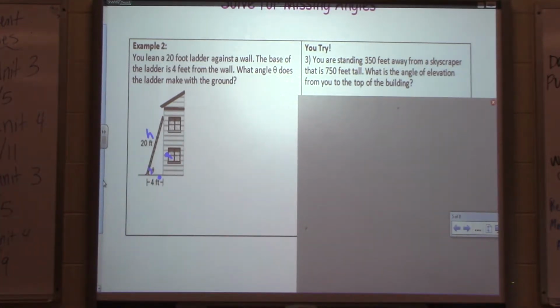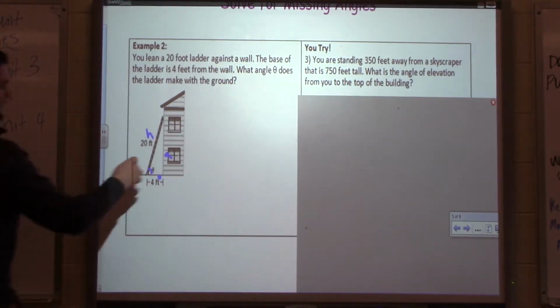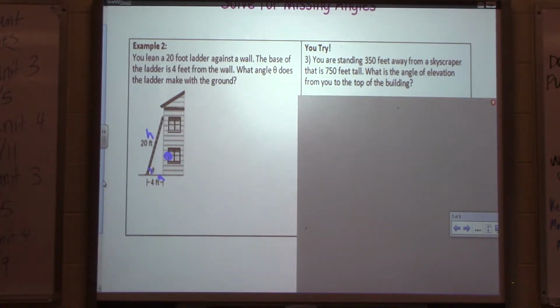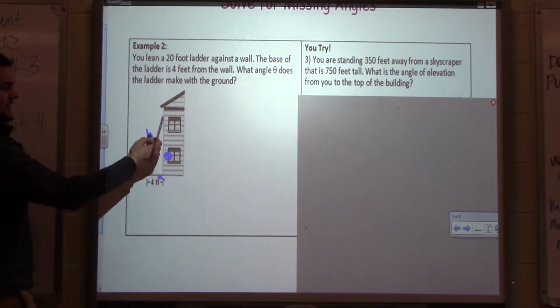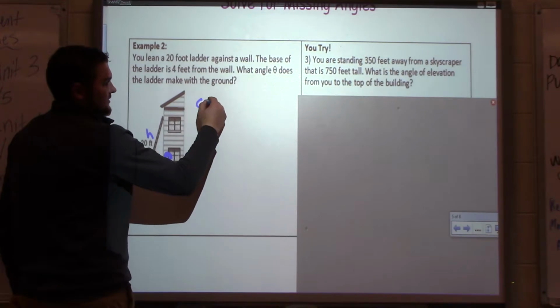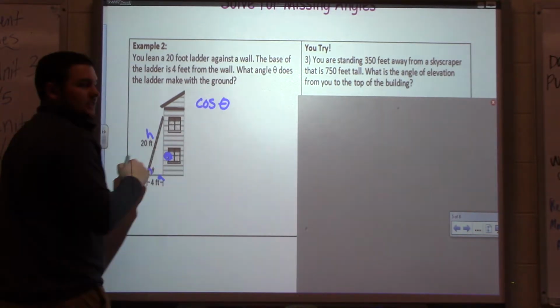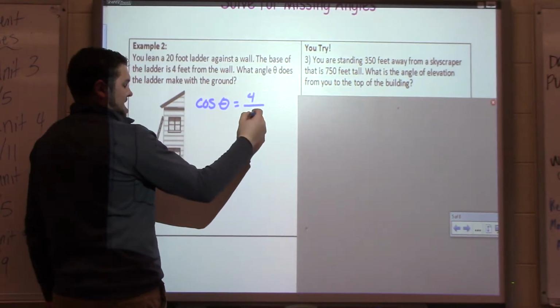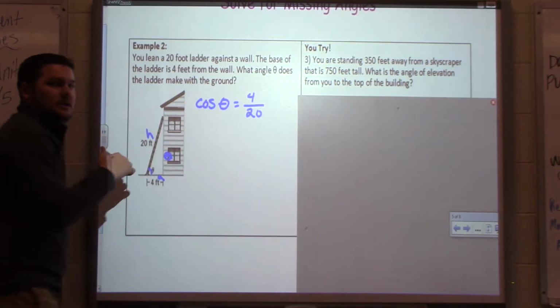Anna, I have the adjacent and the hypotenuse. So which trig function should I use? Cosine, right? SOHCAHTOA. So adjacent and hypotenuse means cosine. Cosine of theta equals the adjacent over the hypotenuse, 4 over 20.